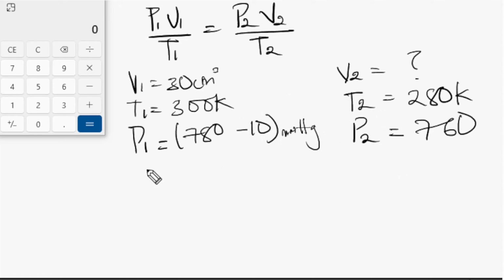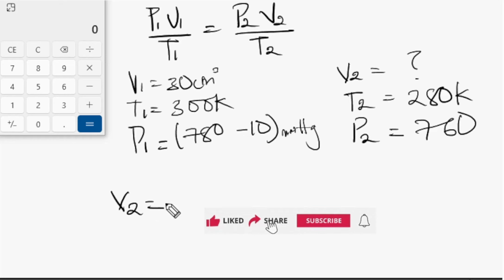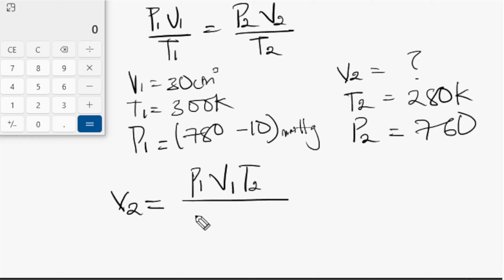So the next thing is to just solve this by making V2 the subject of this equation. So V2 here is going to be P1 V1 T2 over T1 P2.